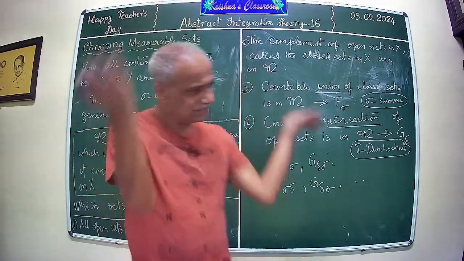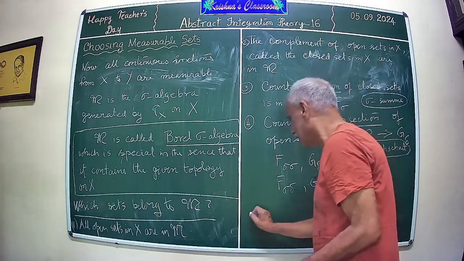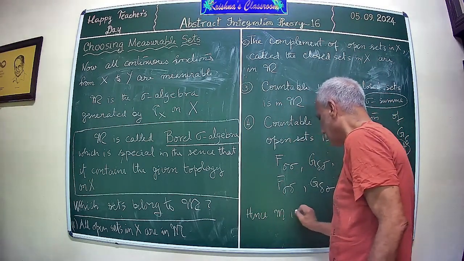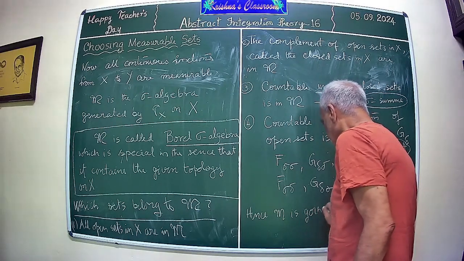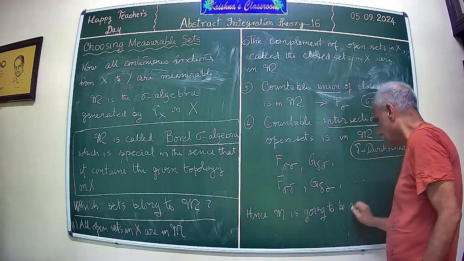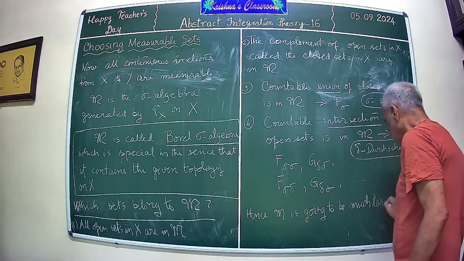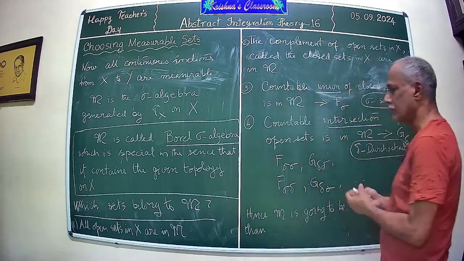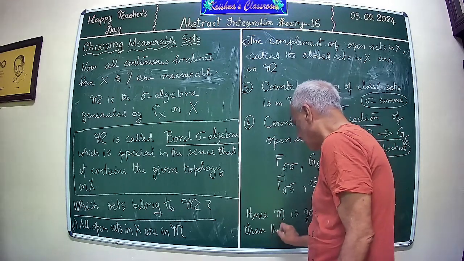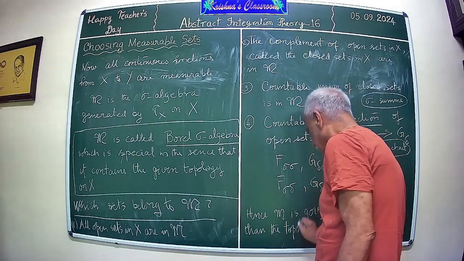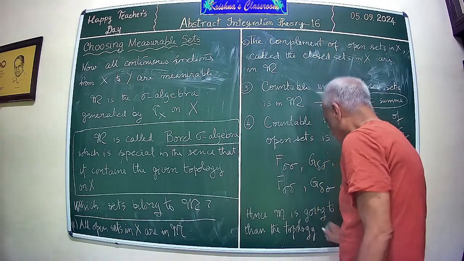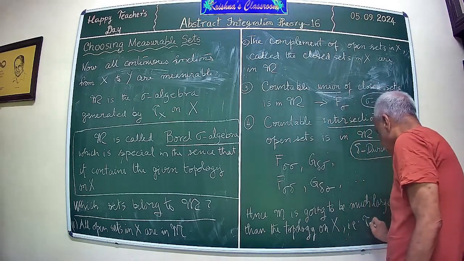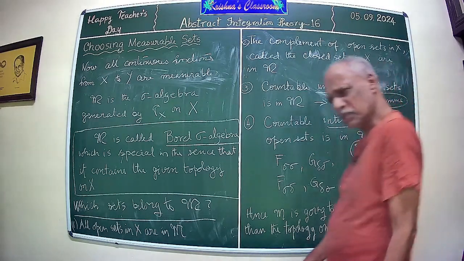So it is going to be much larger than the topology on X, so it's a huge class.